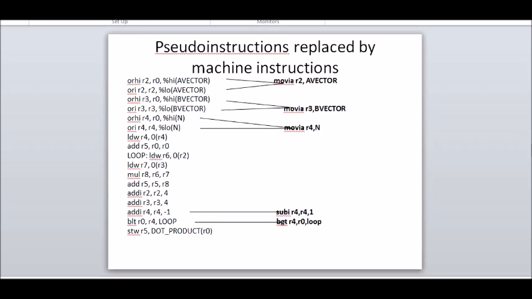So every time, the higher order 16 bits of the 32 bits will be taken from this memory location and given to the R2 register. Similarly, the ORI instruction represents that the lower order bits will be given to the R2 register. It is a means of concatenation. The same thing proceeds for the B vector and the number of elements, n.